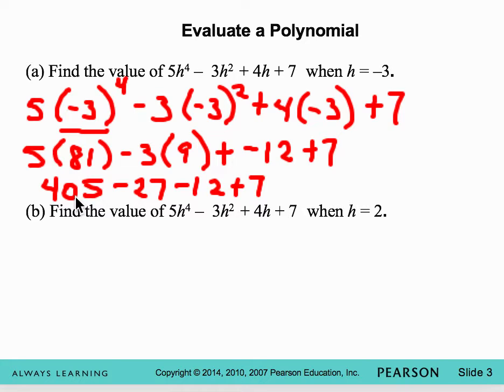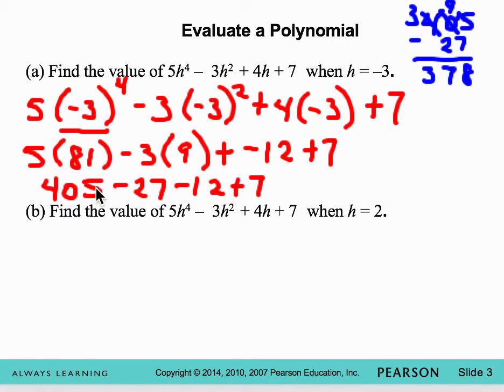Okay, so 405 minus 27. If we have to go over and do that math, that's fine. 405 minus 27, nothing to borrow from, so I have to come all the way over here and borrow. Now that that's a 10, I can borrow. So 15 minus 7 is 8, 9 minus 2 is 7, and 3 minus 0.